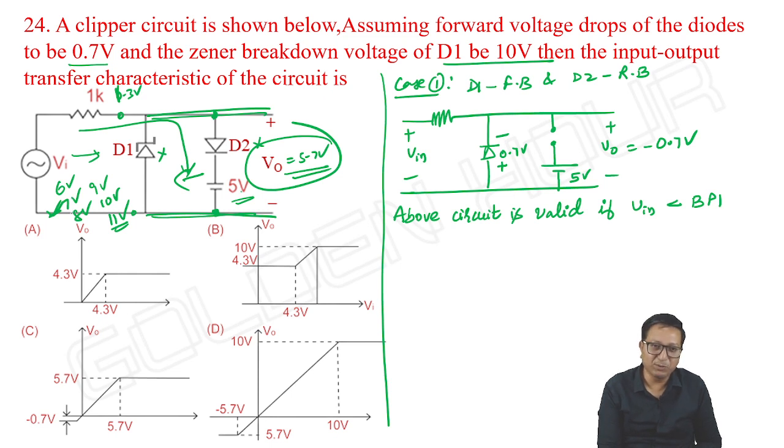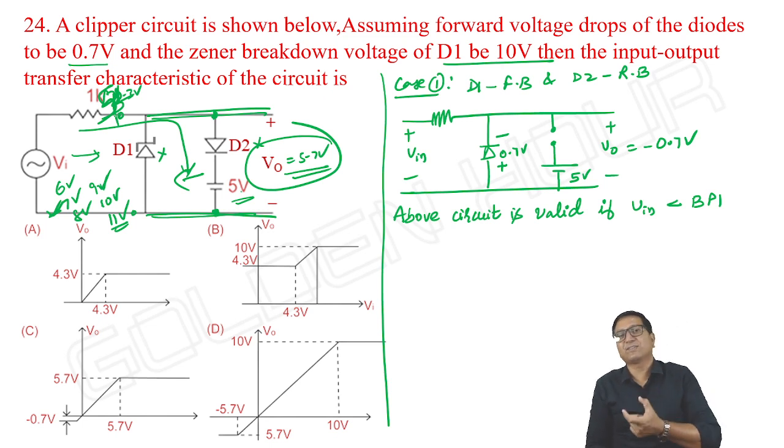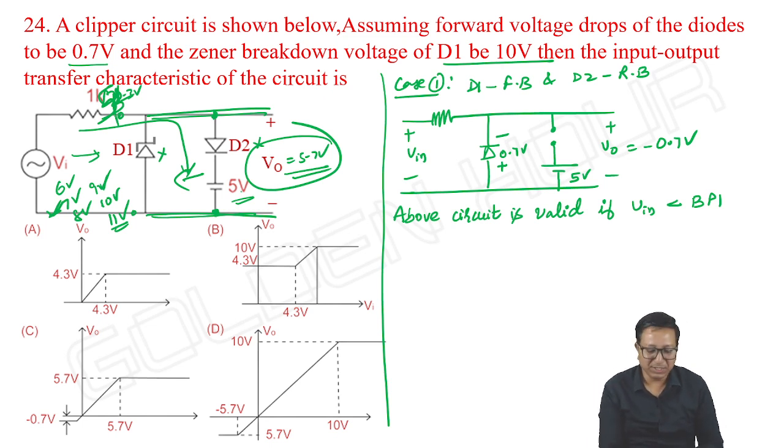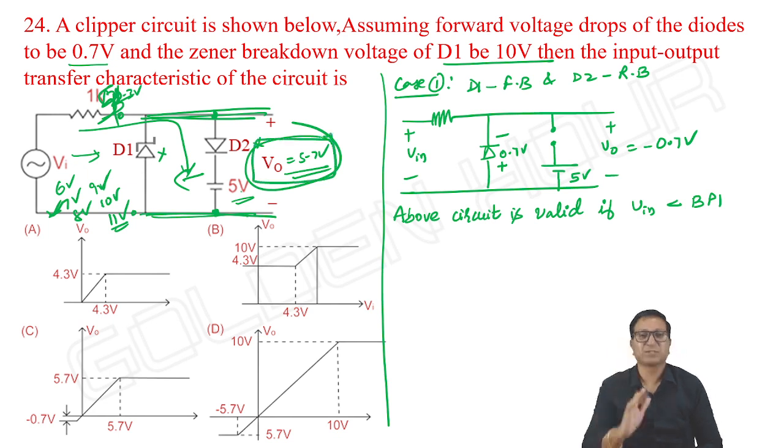When input is 7 volts, 7 minus 5.7 is 1.3 volts, by 1K, 1.3 milliamperes is the current flowing. Again 8 volts, 2.3. 9 volts, 3.3. 10 volts, 4.3. 11 volts, 5.3. Voltage across the resistor keeps on increasing, but voltage across the diode remains constant at 5.7.